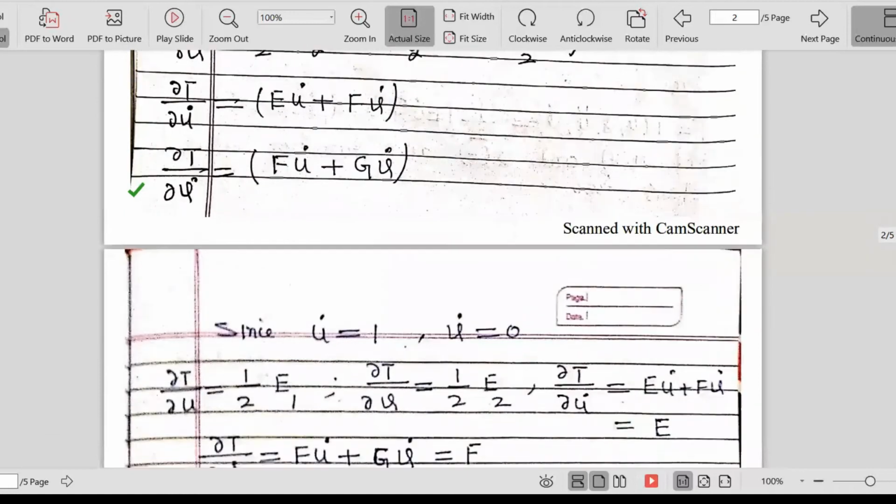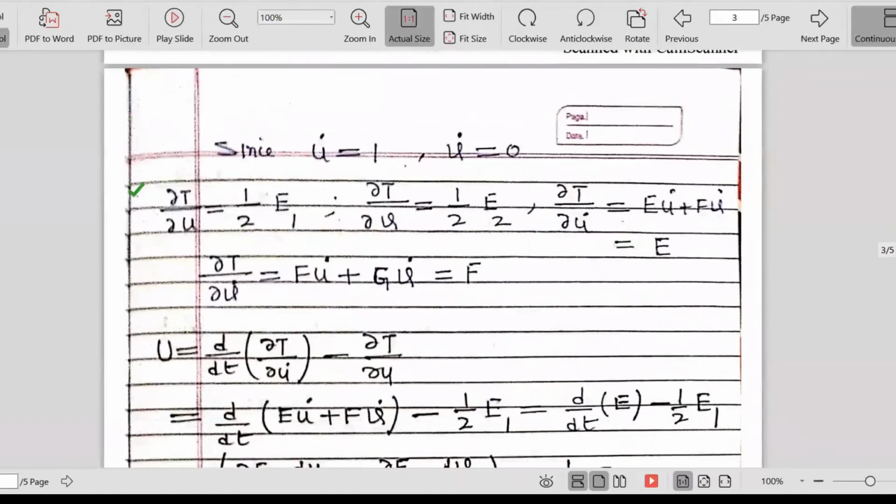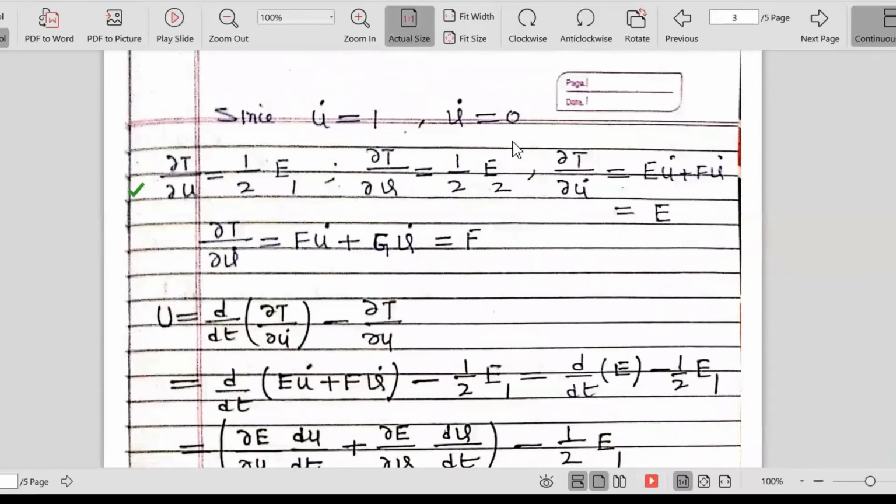Now, since u̇ equals 1 and v̇ equals 0, we can define the values of ∂T/∂v, ∂T/∂u, ∂T/∂u̇ and ∂T/∂v̇.